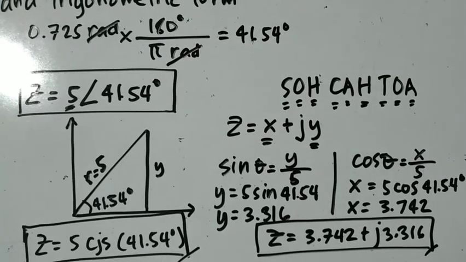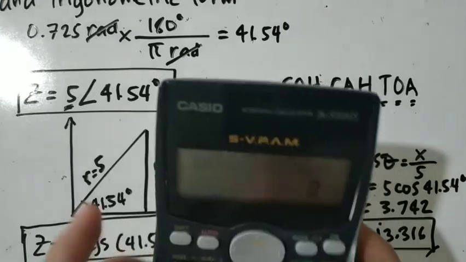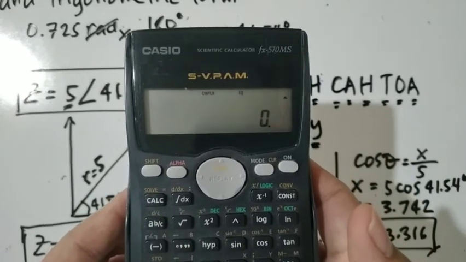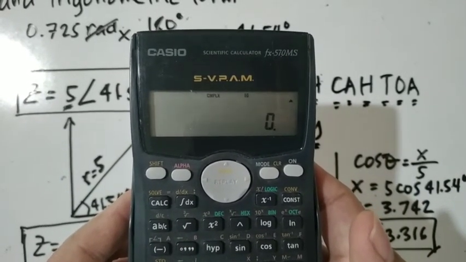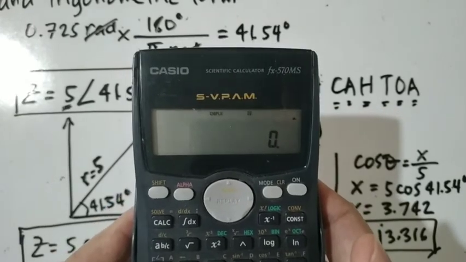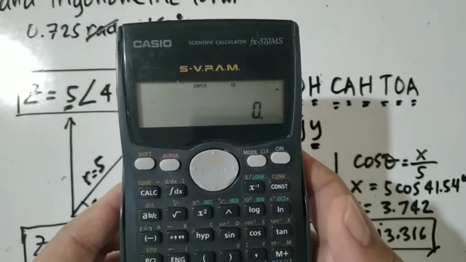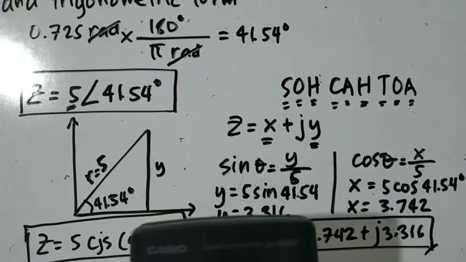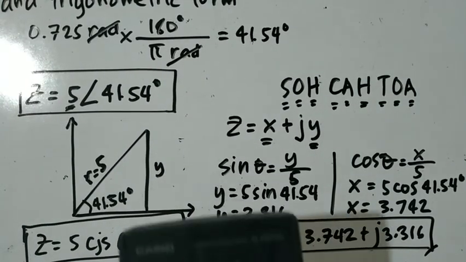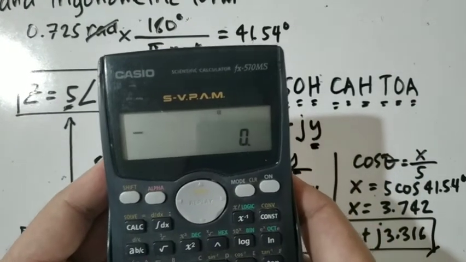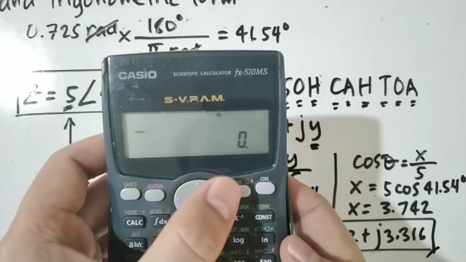This time I will teach you the shortcut using your calculators. I have here a calculator which is a Casio 570 MS. There are more recent models of calculators, but basically the function is the same. The first thing that you need to do is to set your calculator in complex mode.